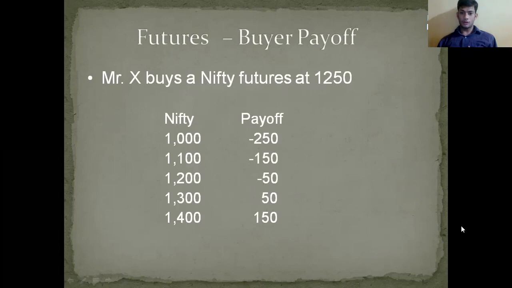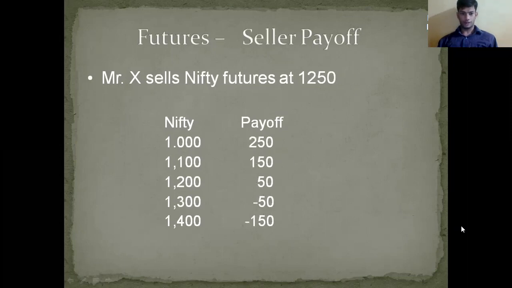If Nifty is 1100, then payoff is -150. It is a future payoff, meaning what it will be ahead versus what we pay now, and the calculation is based on that. For example, if Nifty is 1400, the payoff is positive 150 here.